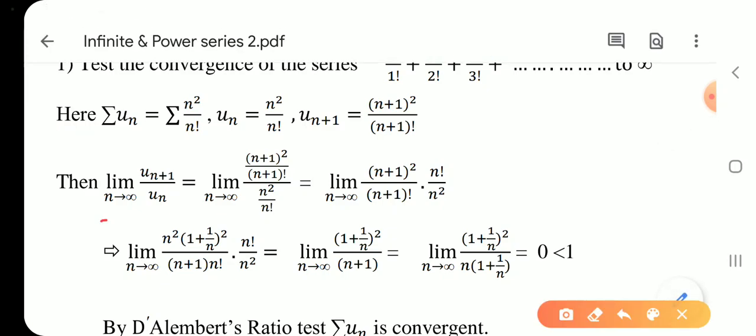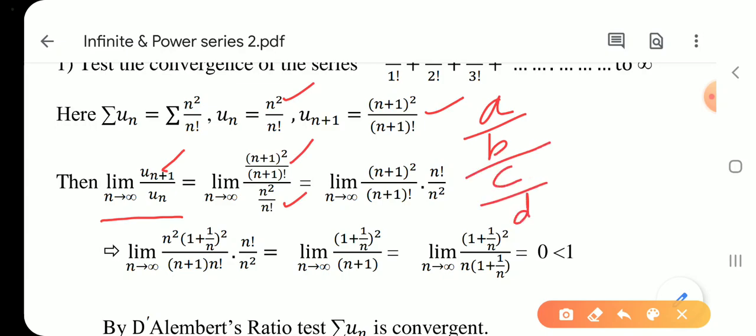So limit of un plus 1 by un as n tends to infinity is equal to limit of n tends to infinity, un plus 1 is this one I have written here, divided by un which I have written in the denominator. So this is of the form a by b divided by c by d, which is nothing but a by b into d by c. Denominator is written in the form of the reciprocal.